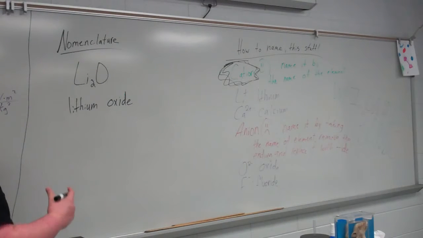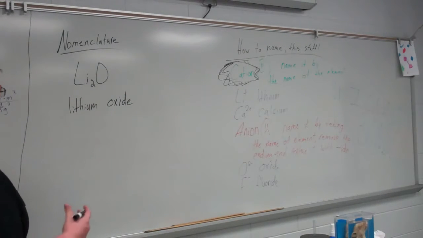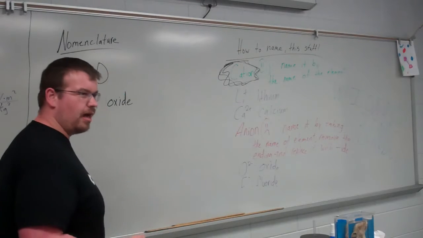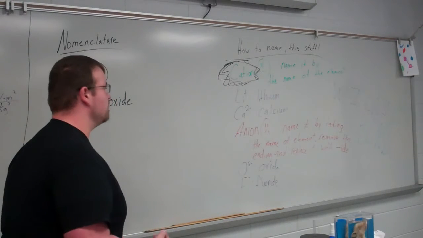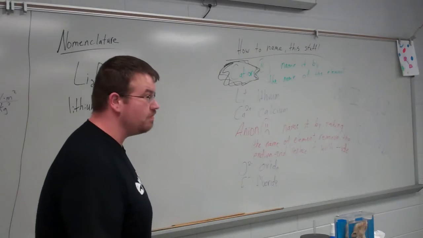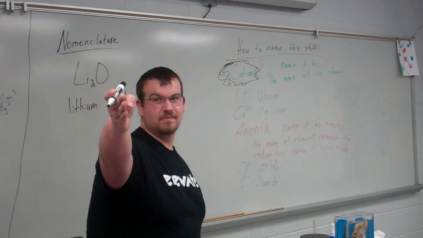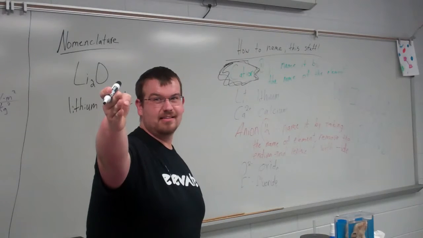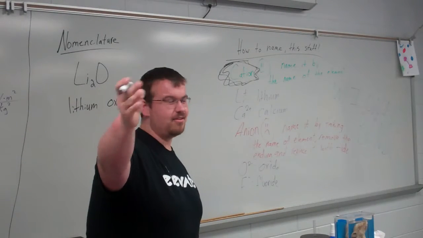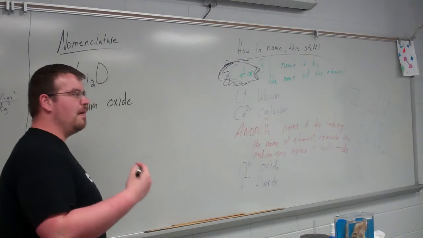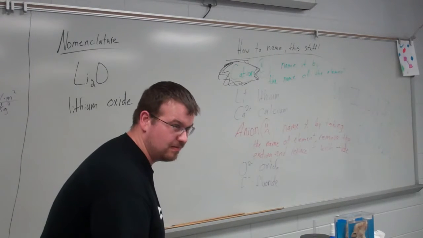Why is there a 2 there? Why is there 2 lithiums per 1 oxygen? What is the charge of the oxygen? And if you need to remember back to it, what column is the oxygen in? 16, thank you. Okay, which means how many electrons will it gain?